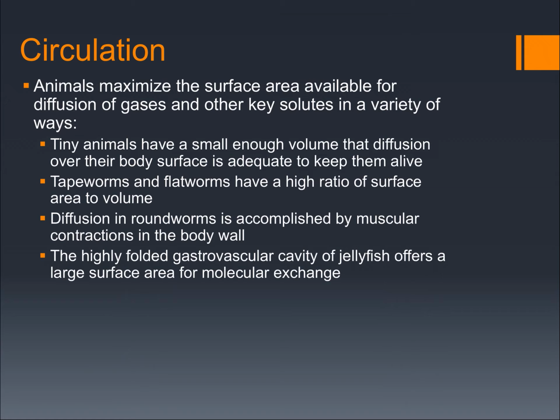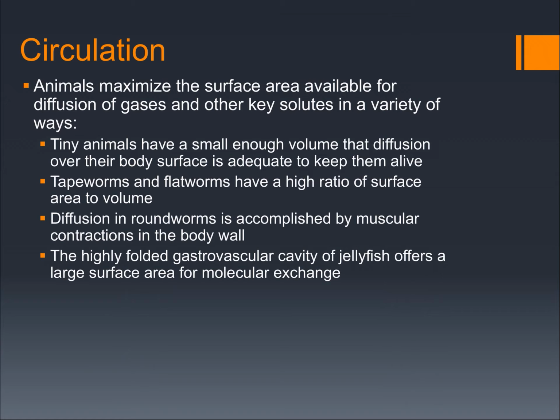So animals maximize the surface area available for the diffusion of gases and other solutes in different ways. If we've got a really small animal, then just diffusion over the body is fine. So if we're talking about a flatworm or even a tapeworm, they can just do diffusion of substances through their body, and it's no problem.